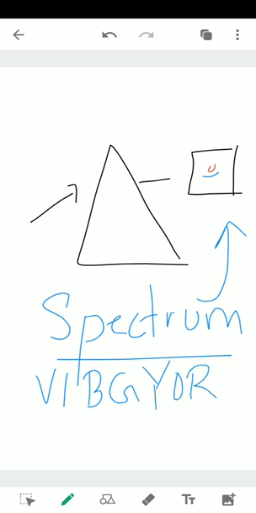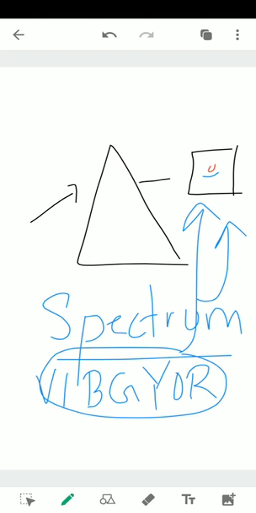If you notice, these colors are exhibited by a rainbow. So I can say that spectrum is the colored band obtained on a screen on passing the white light through a prism. I hope everyone is clear with it.